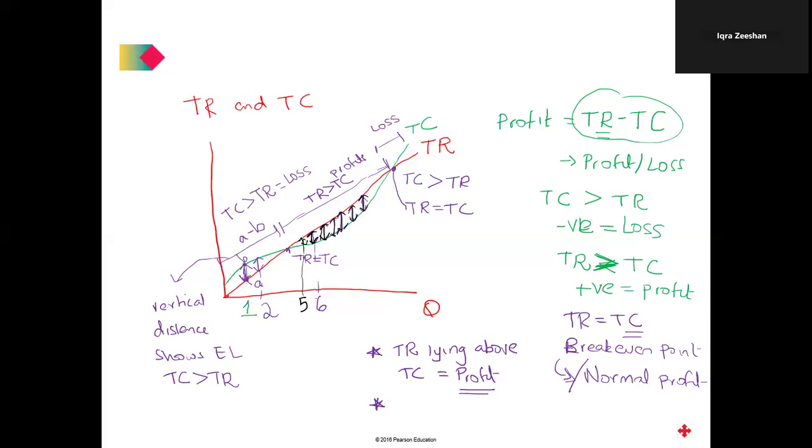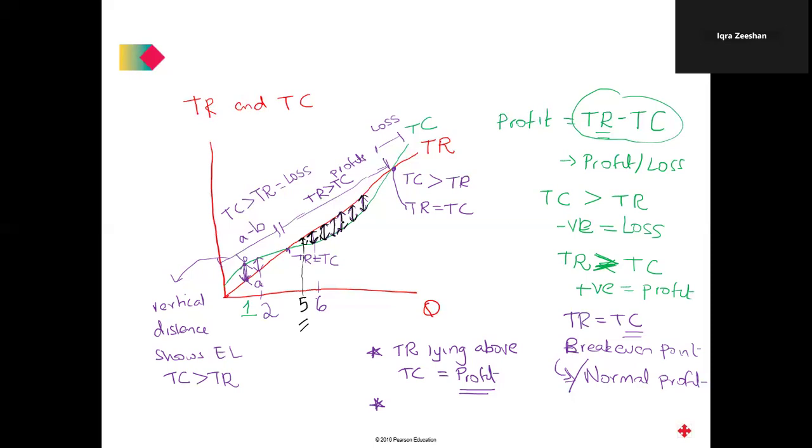And you can see the difference. So the maximum profit is given by the maximum distance. The greater the distance between total revenue and total cost curve, the greater the maximum profit we will get.